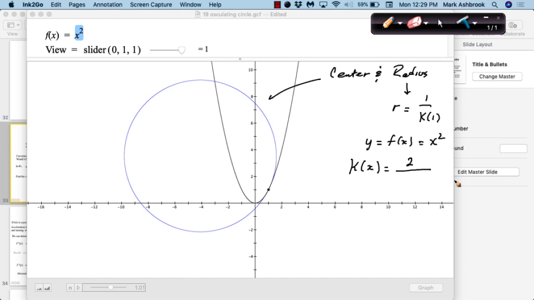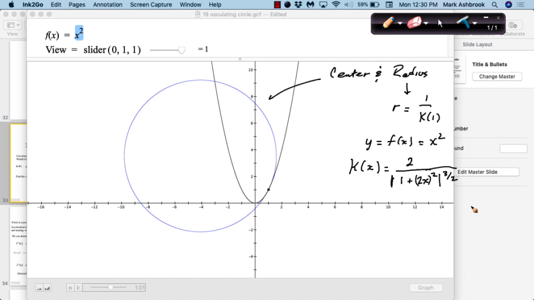First derivative is 2x. Second derivative is 2. Over the absolute value of? First derivative is? 2x. Square that. And that whole thing raised to the 3/2. Okay, so that is the curvature function, right?